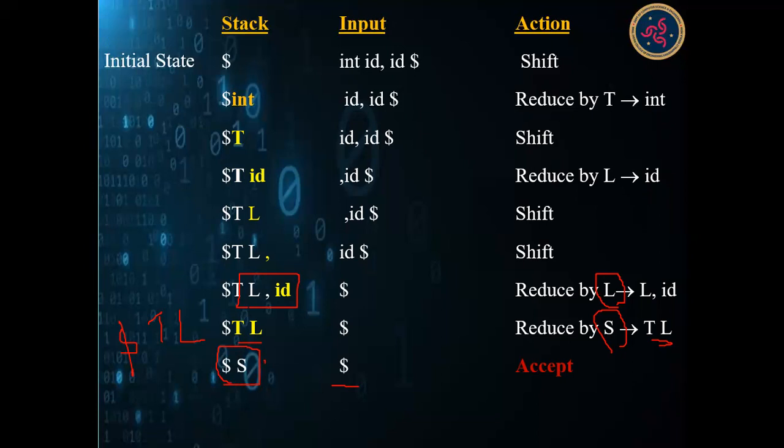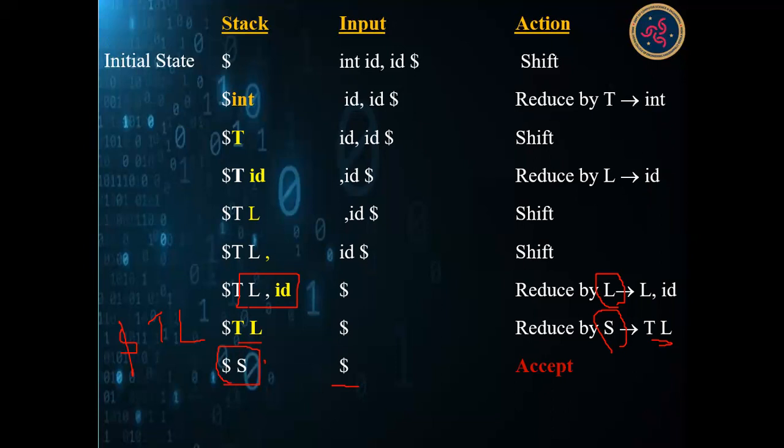Okay, so here we have shown how this input string is parsed by using a shift reduce parser. Mainly there are two functions, one is shift and the second one is reduce. In the shift function, we are just moving the first symbol of the input buffer to the stack top.